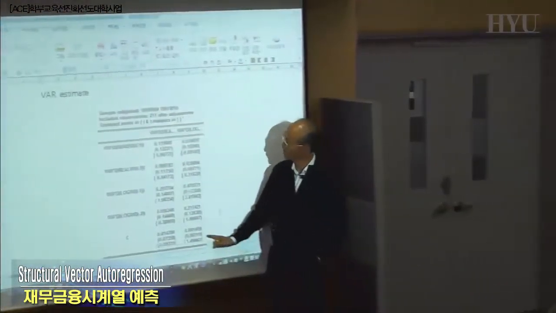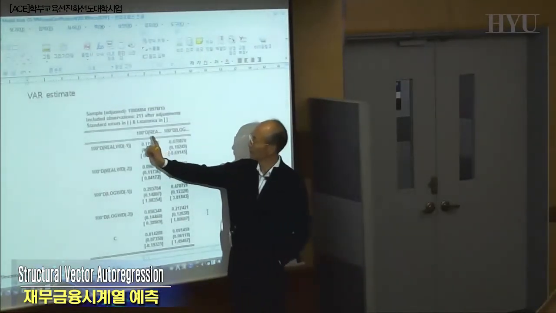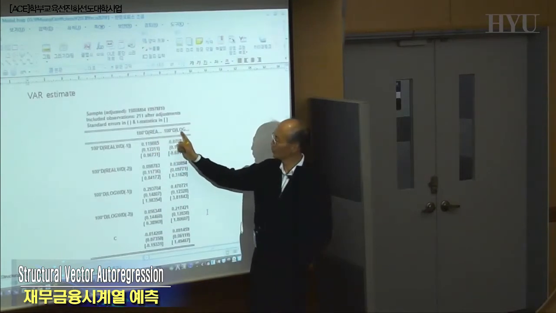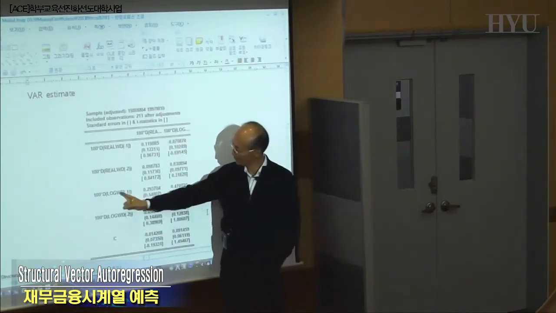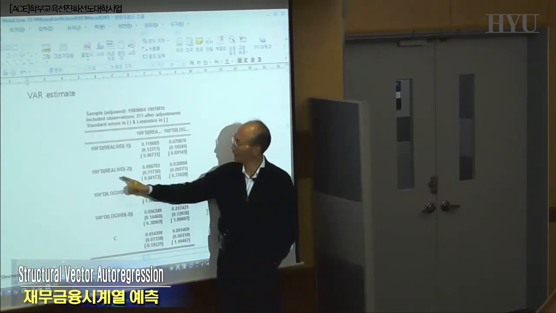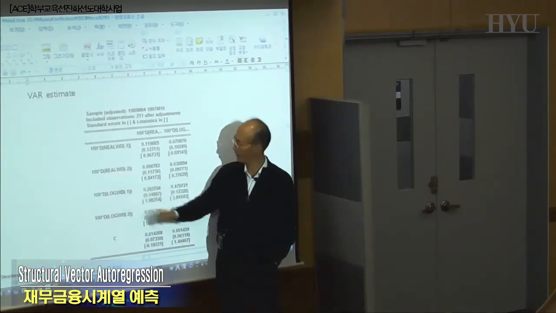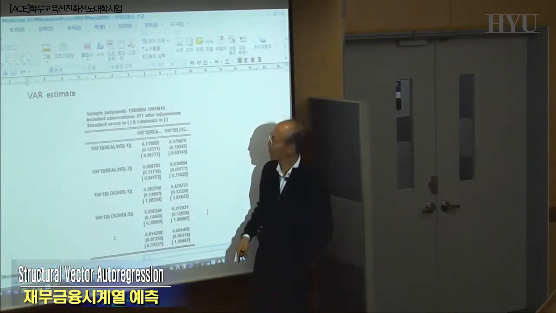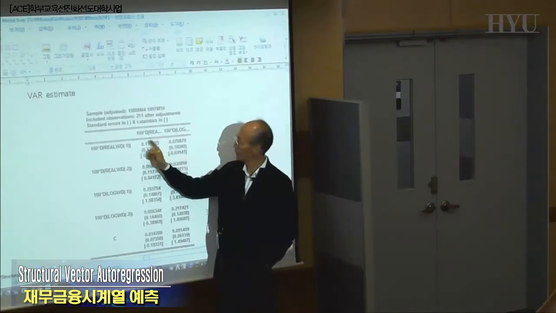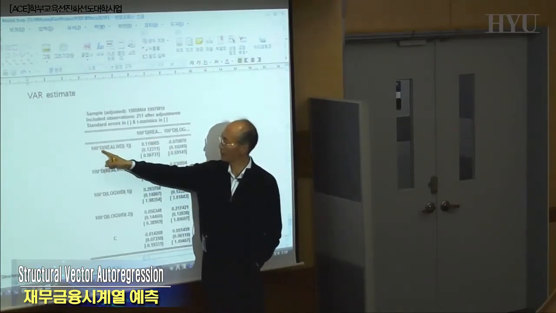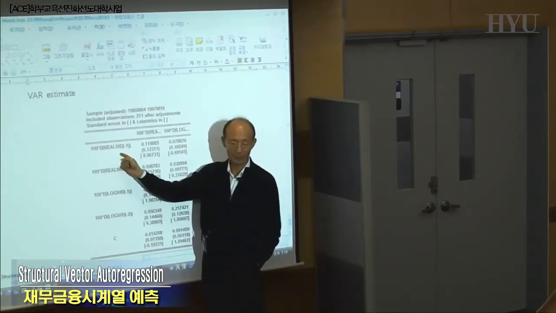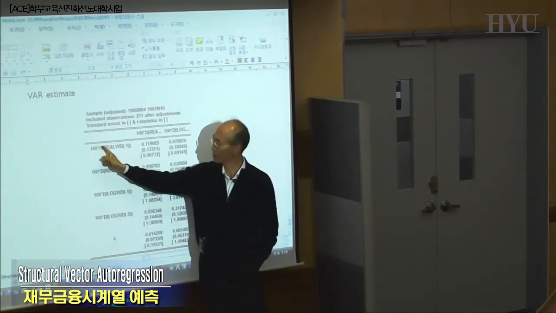So this is the VAR estimate. Because this real exchange rate and nominal exchange rate, the name of the variable is log dollar, and this is the real dollar, or in natural log. So by calculating 100 times the first difference, that's the growth rate or rate of change expressed in terms of percent, right?